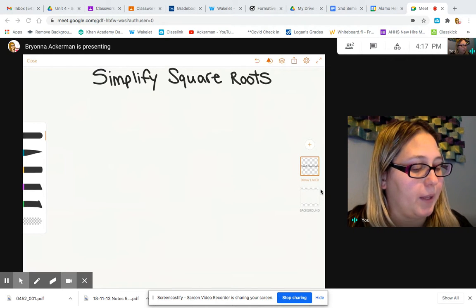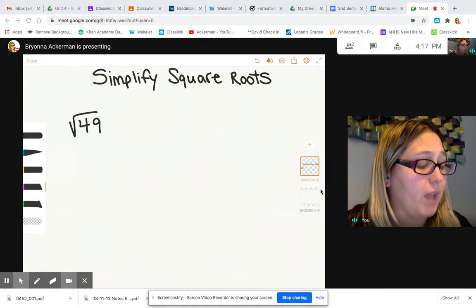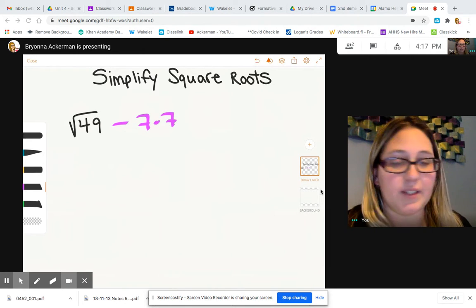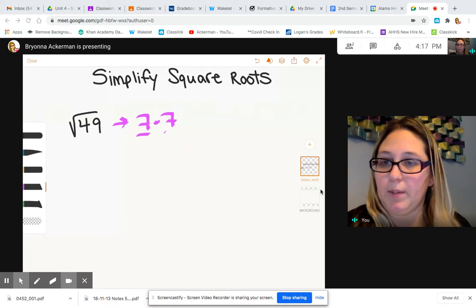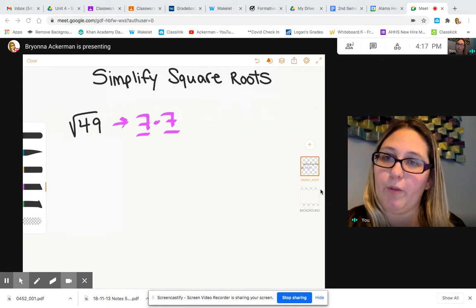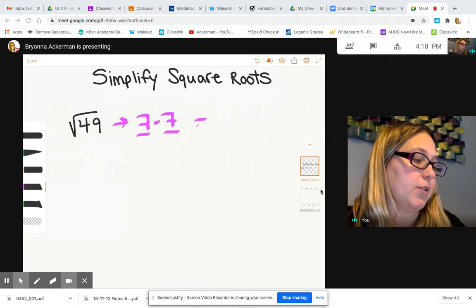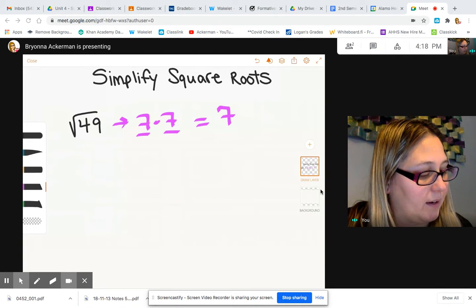For example, if I have the square root of 49, well, 49 is broken down to 7 times 7. Since this one has the same number multiplied, when I do the square root of 49 and solve that, my answer is just 7. It's like saying the square root of 7 squared.